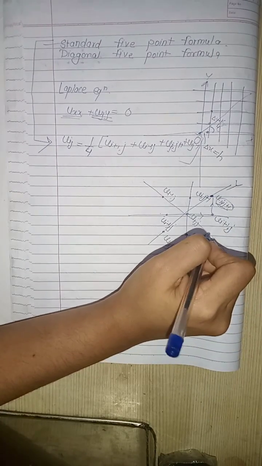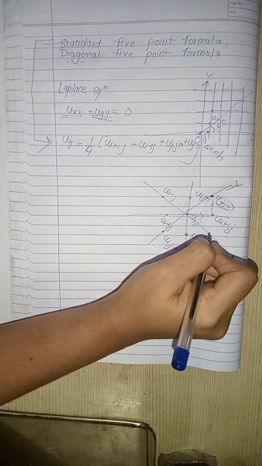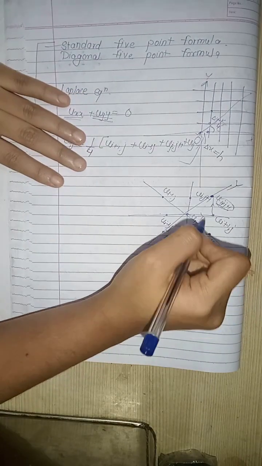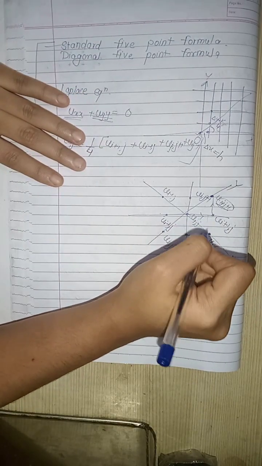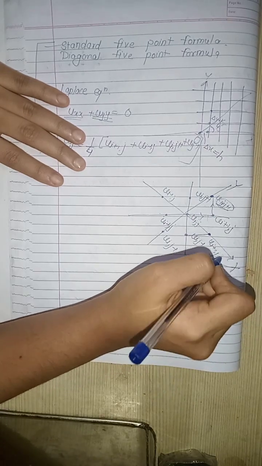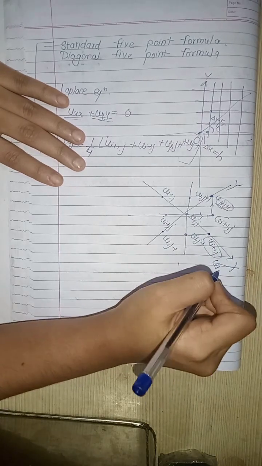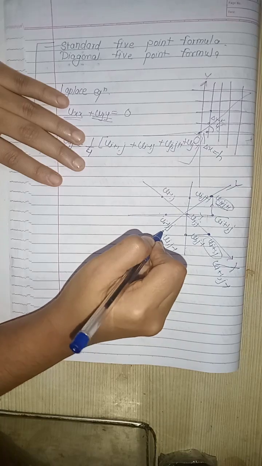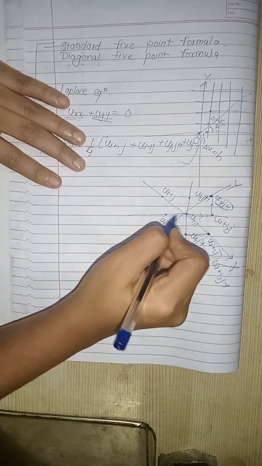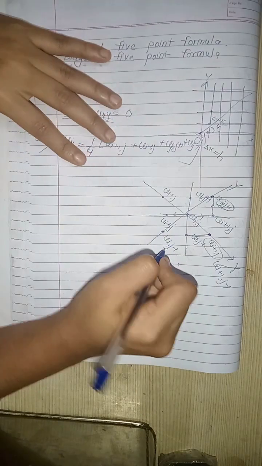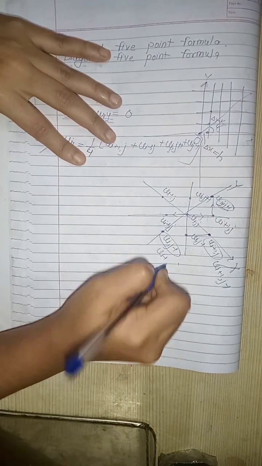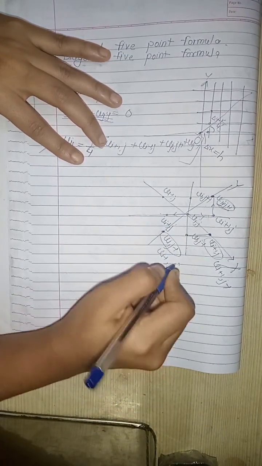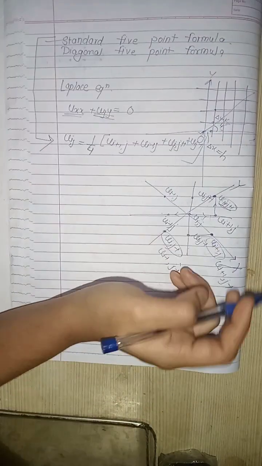Similarly, if you observe this point, it is going in the forward direction along the x-axis and in the backward direction along the y-axis. So the new point will be ui+1,j-1. Similarly, this point is in the backward direction along the x-axis, so it will change to ui-1, and with respect to the y-axis it is also going in the negative direction, so it is j-1.